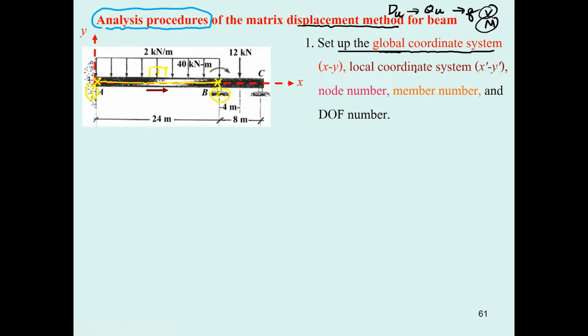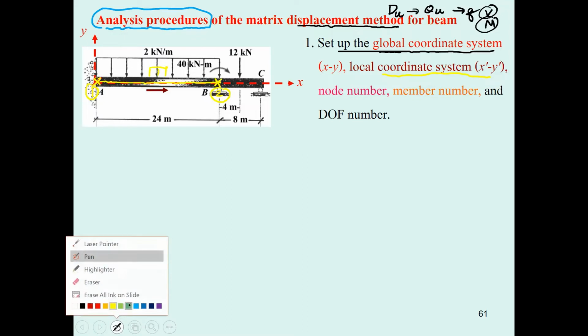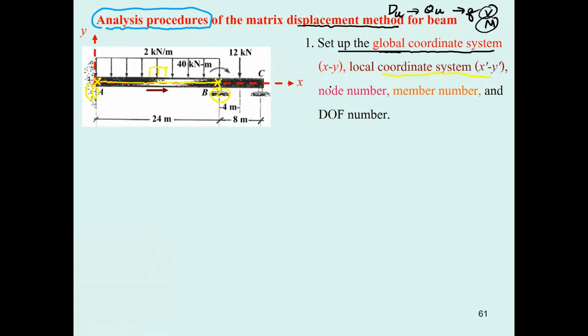Now the local coordinate is defined by you, the user. By doing this, the x axis will follow the direction of x, the y axis will follow the direction of y, and again z will follow the same direction.